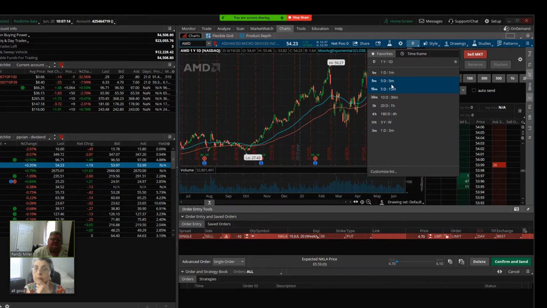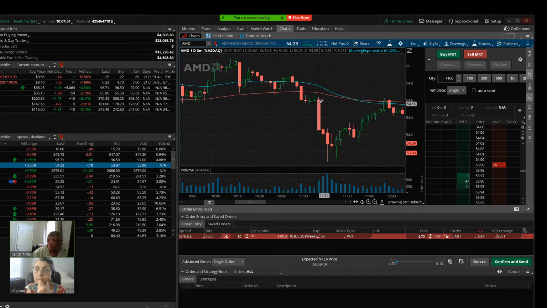At this point in time, a red bar means it closed that time frame lower than it started. It started this 3 minute tick at 54.62. It bounced around and got down to 54.25.